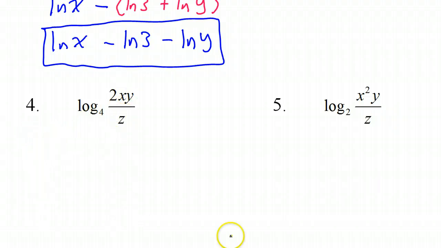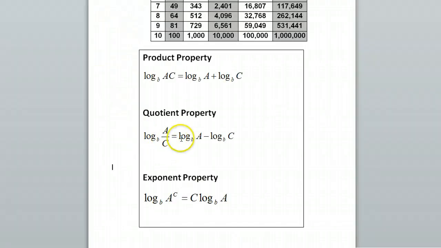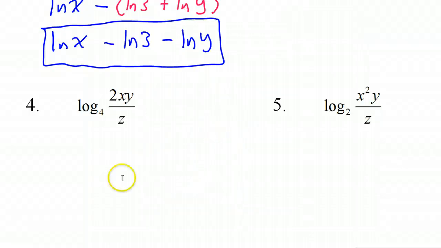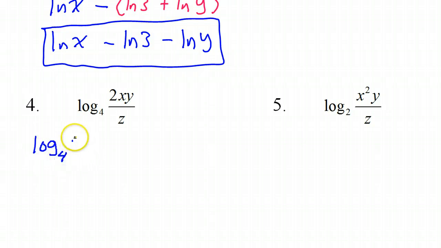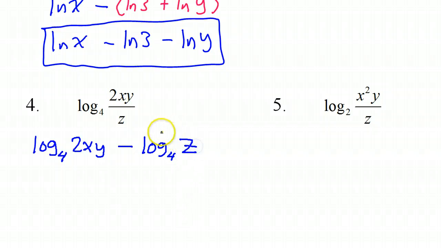So let's use the quotient property. At first we will have this log base 4 of 2xy minus log base 4 of z.